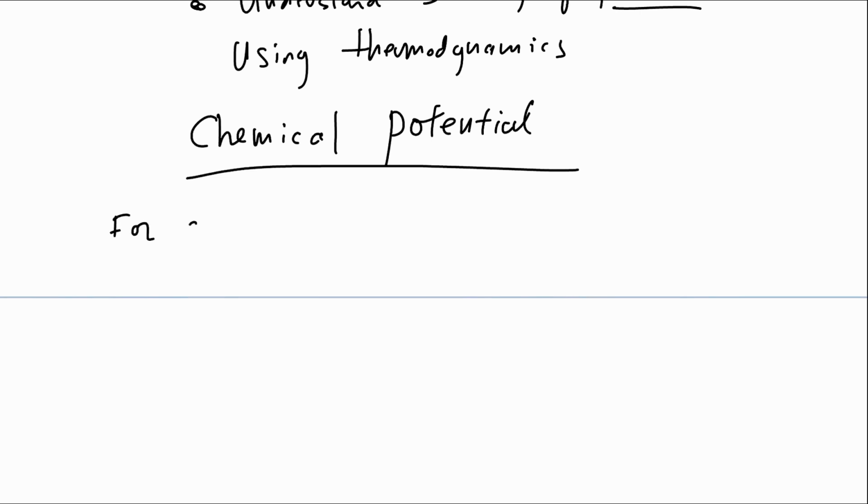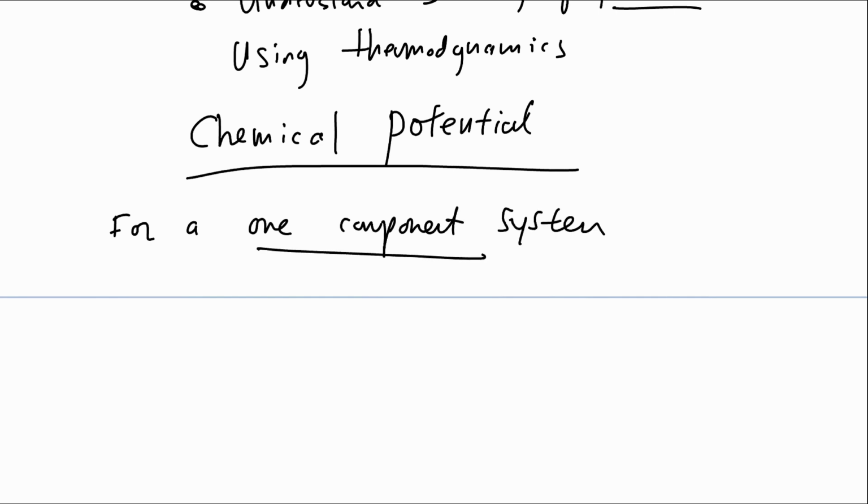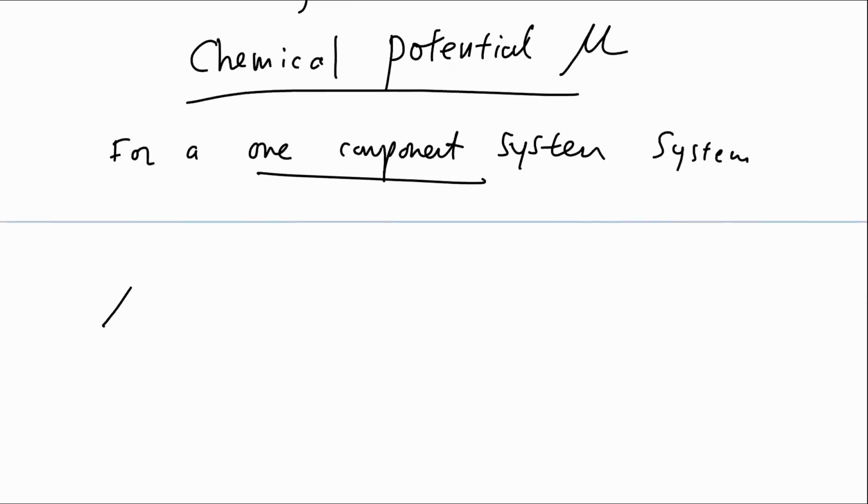And for a one component system, and one component means that there's one thing, like water, okay? And the symbol we use is mu, right? Mu is G divided by N.